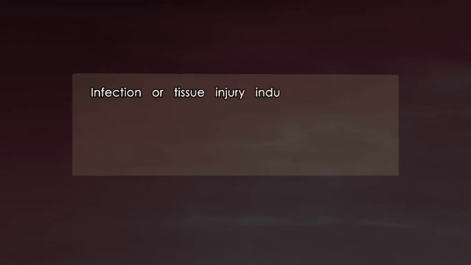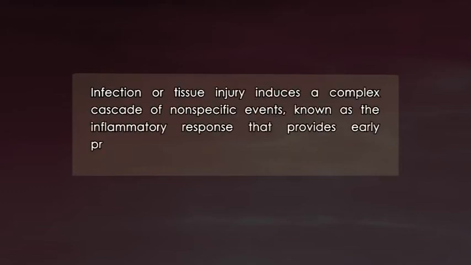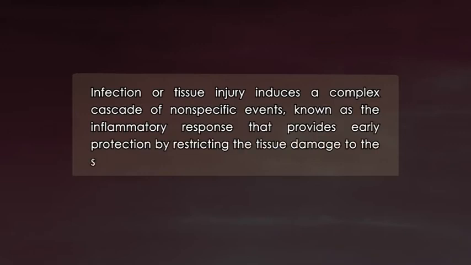Infection or tissue injury induces a complex cascade of non-specific events known as the inflammatory response, which provides early protection by restricting the tissue damage to the site of infection or tissue injury. The acute inflammatory response involves both localized and systemic responses.